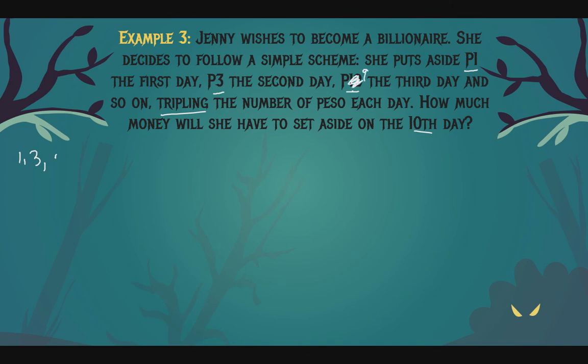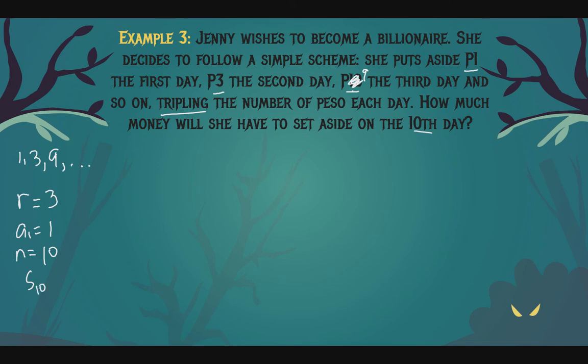Kasi not times 3. So basically, dahil nga nat-triple, r is equal to 3, ang ating first term is 1. At ang hinahanap natin is yung 10th day. So ang n natin is 10. So we are looking for S sub 10.